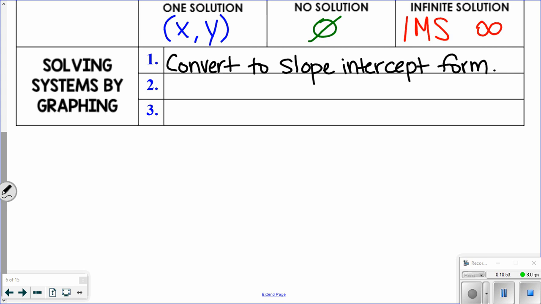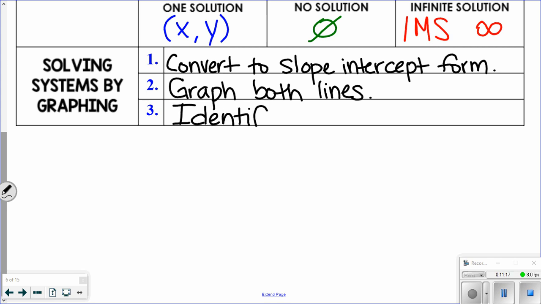Sometimes we don't need to. Step 2, we need to graph both lines. And step 3, identify the solution.